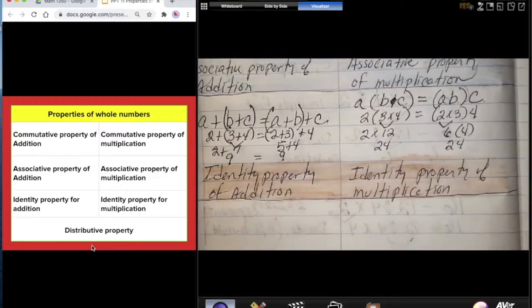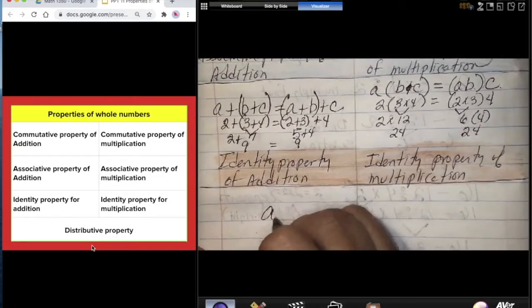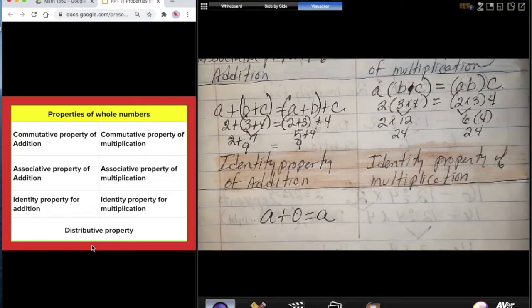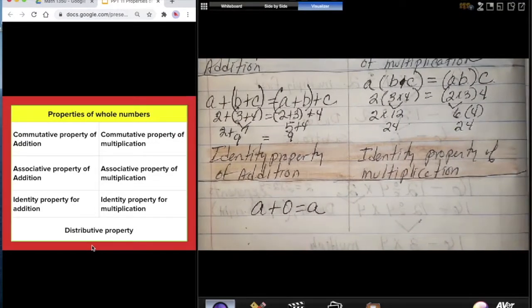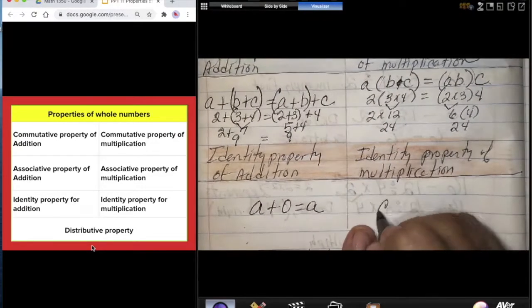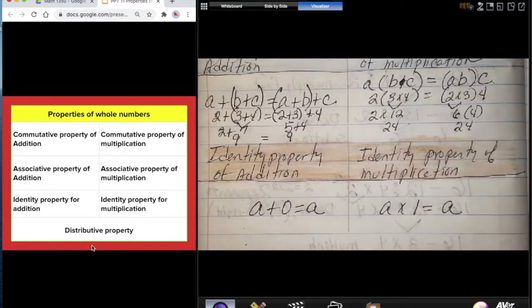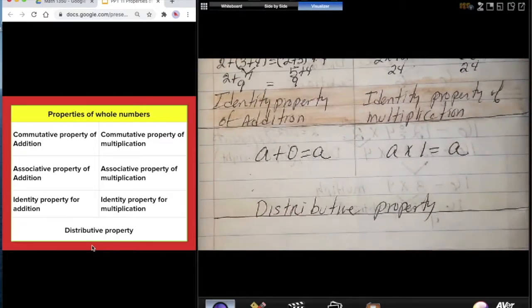In the identity property, we have A plus 0 equals A, identity property of addition, and in multiplication, it's A times 1 equals A. Distributive property.